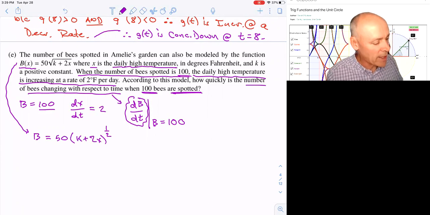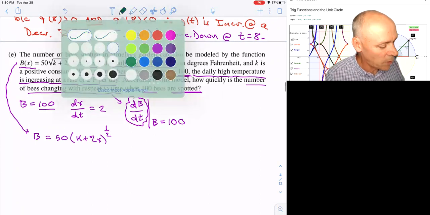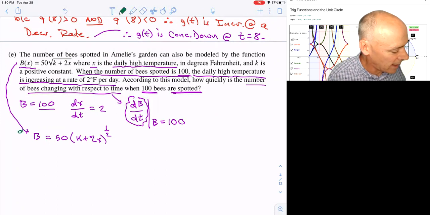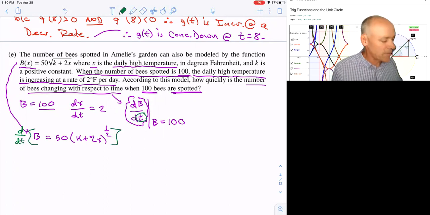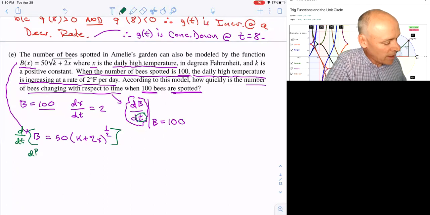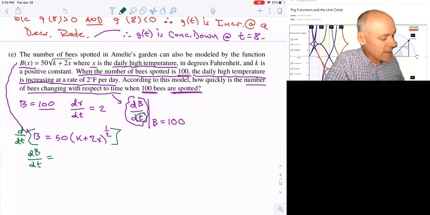Now to magically make dB/dt appear, what do I have to do? That's right, I have to take the derivative with respect to time. I've got the left side, dB/dt. Yay! Okay, the right side's not too tough. It's really just chain rule. And don't forget k is a constant.